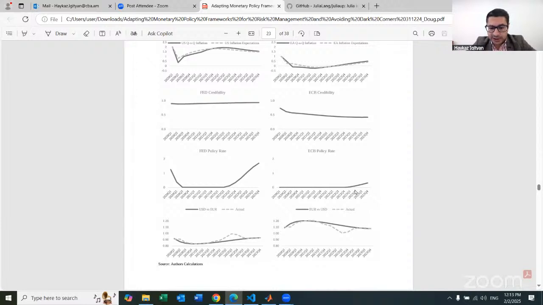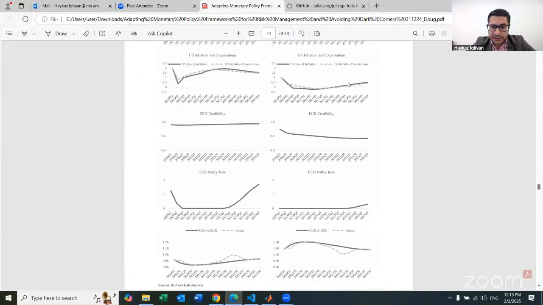The ECB keeps a lower interest rate for a prolonged time and stays at lower inflation. Here you can see inflation and inflation expectations significantly below target, but the Fed could bring inflation back to the target very effectively and quicker compared to the ECB.